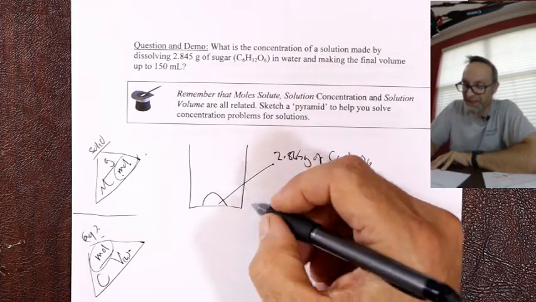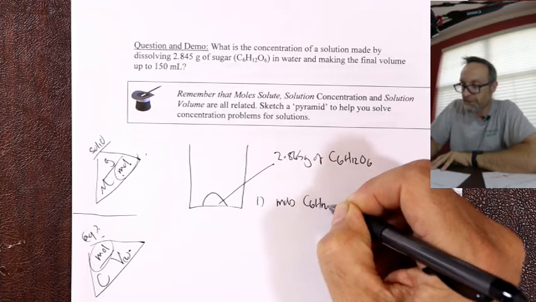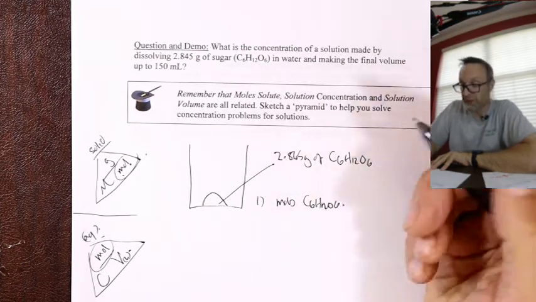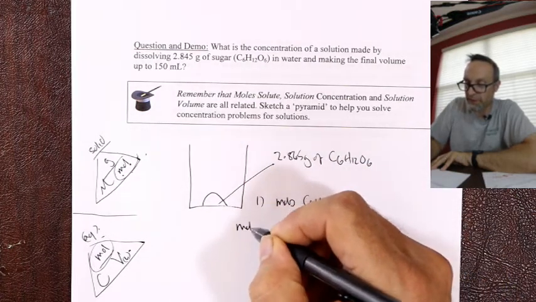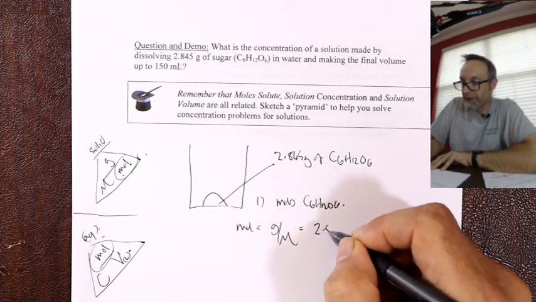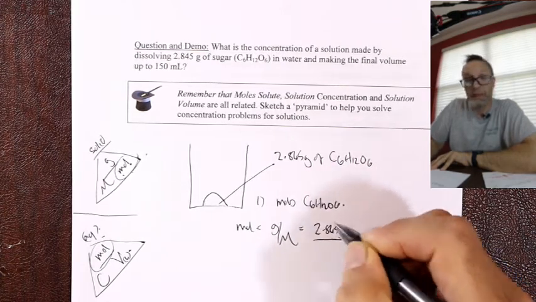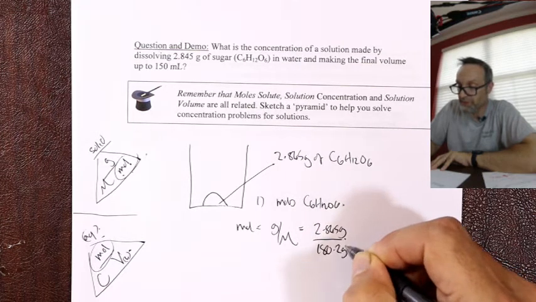The first thing I'm going to do is find the moles of sugar. We did this before in one of those worked examples. Moles equals grams over molecular weight. Grams was 2.845 grams. Molecular weight, if you flip back, was 180.2 grams per mole.